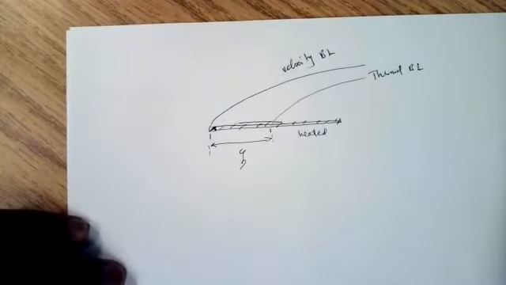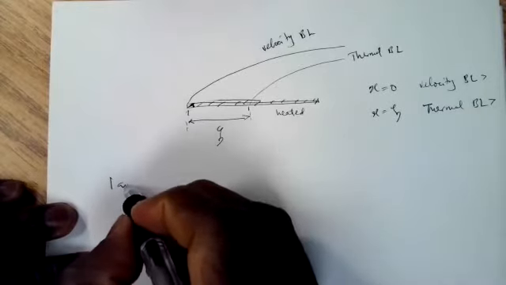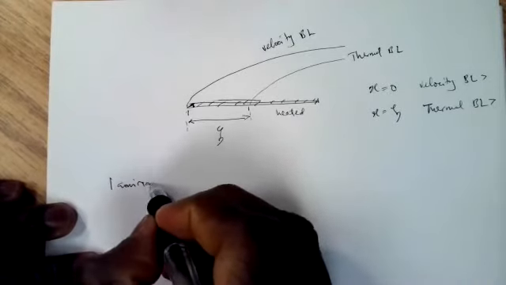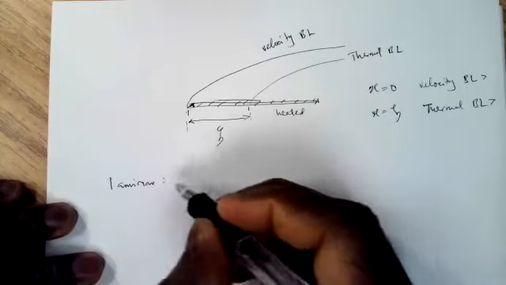We're not going to go through the same derivation that you did. Okay, I'll just write down the Nusselt number, okay, for both laminar and turbulent fluid flow.